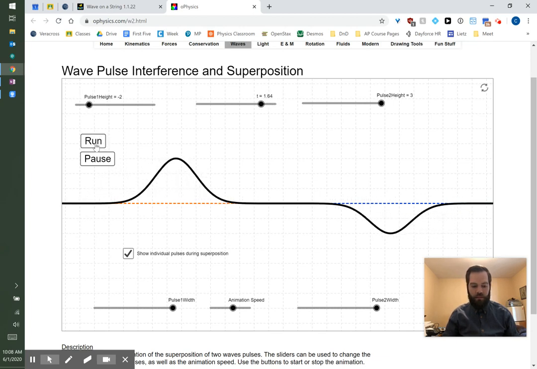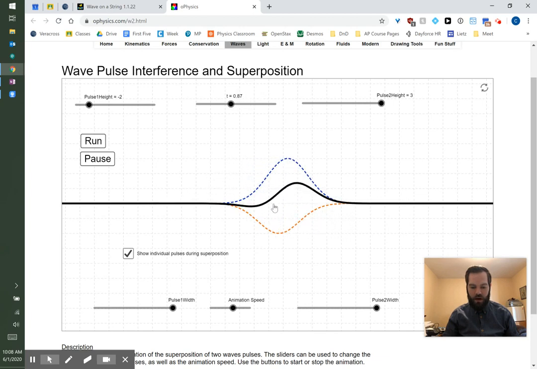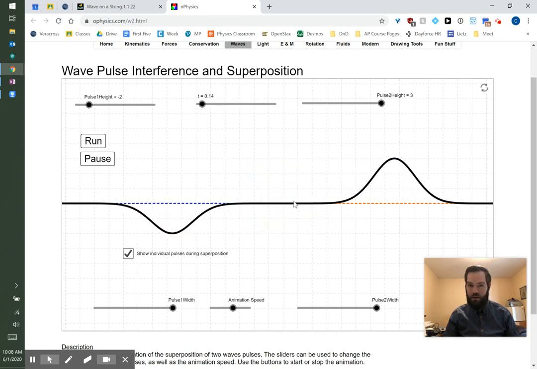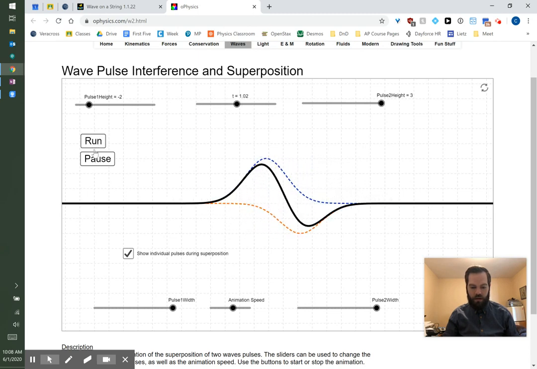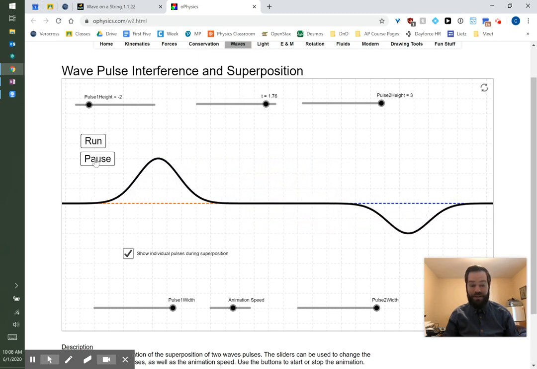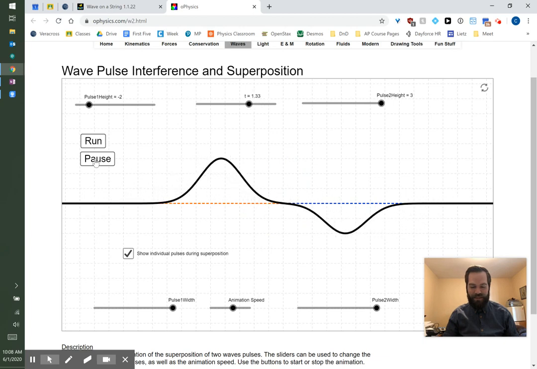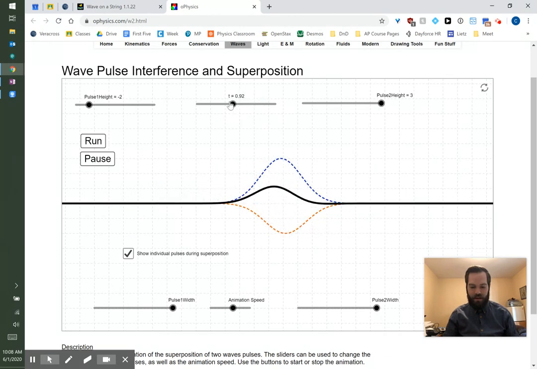And when we run them, we see that the resulting wave, and it's a little trickier to see it here, but if we pause it, we can see that the overlap of these two waves, when they perfectly overlap, the resulting pulse, something like that, is smaller.